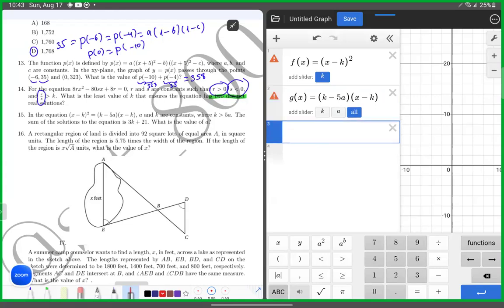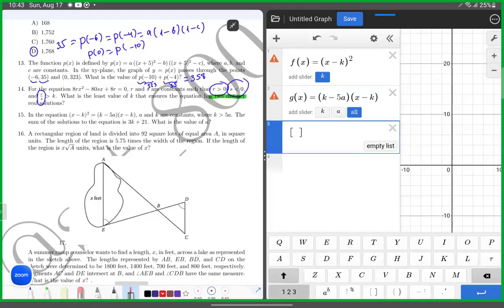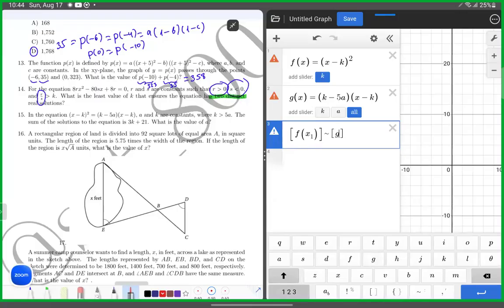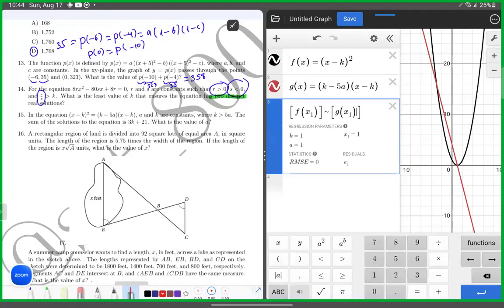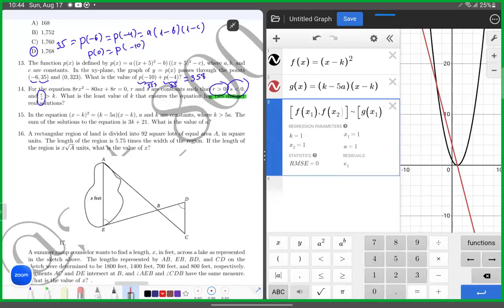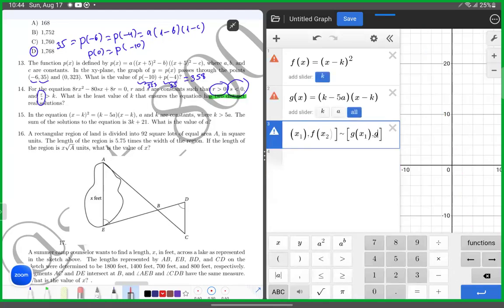What I will do now is open this kind of bracket. I call it the listing method. The first information here is that f of some value x1 is equal to g of x1. Another piece of information: f at some value x2 is equal to g of x2, because fx equals gx according to the problem.